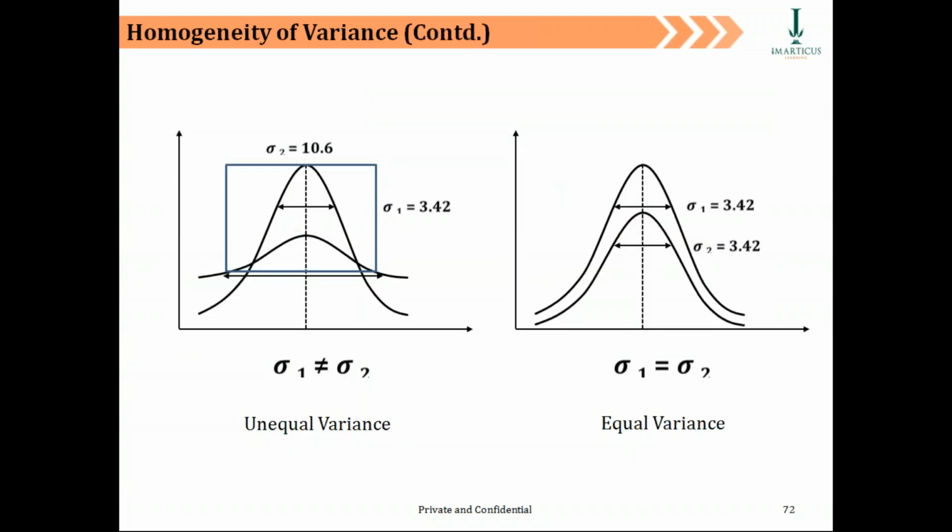Now, this is a very good illustration of homogeneity of variance. Look at the first graph: you have two distributions, two bell curves. Are you getting what is happening on the right side? Your variance is equal, whereas on the left side your variance is not equal. Getting it?